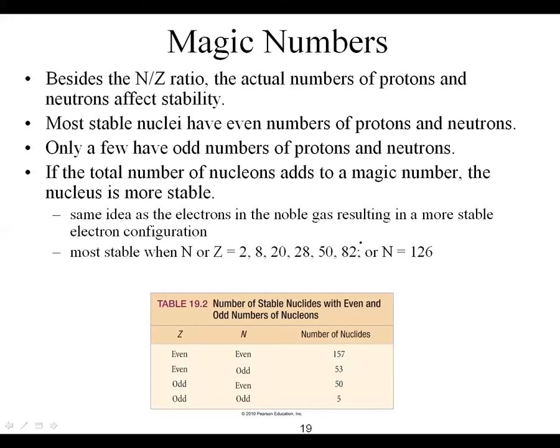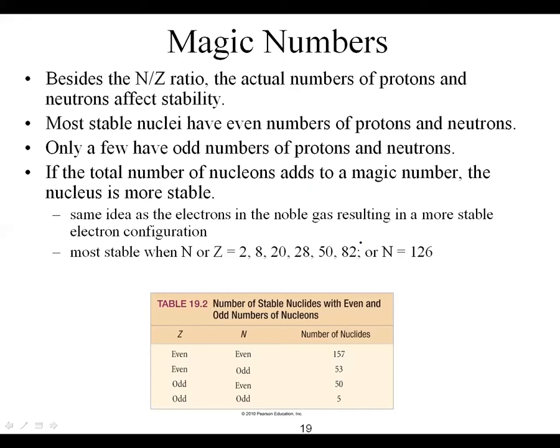Now, if the total number of nucleons adds up to a magic number, the nucleus is more stable. It's the idea like an electron configuration, where everybody tries to get to a noble gas configuration.